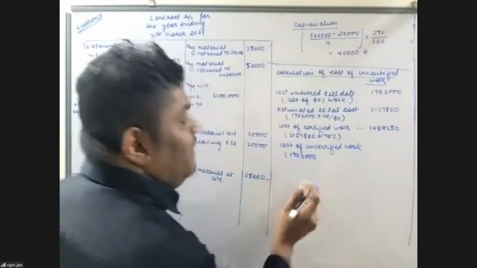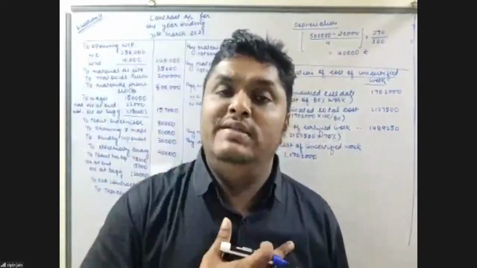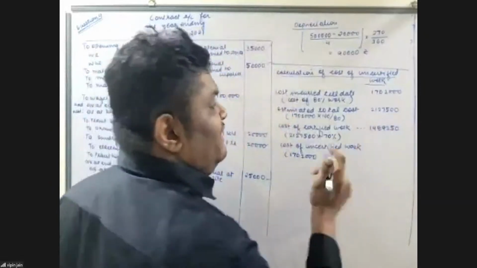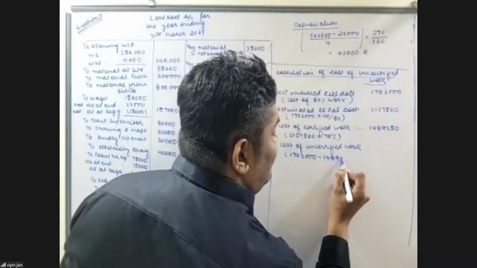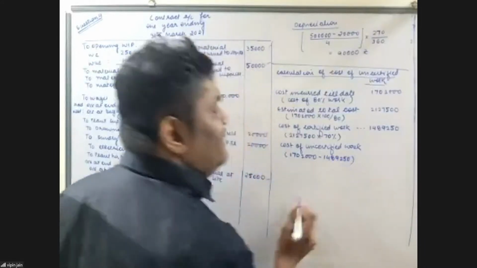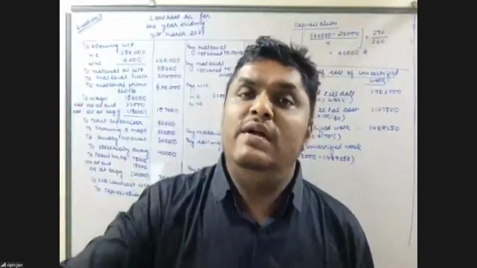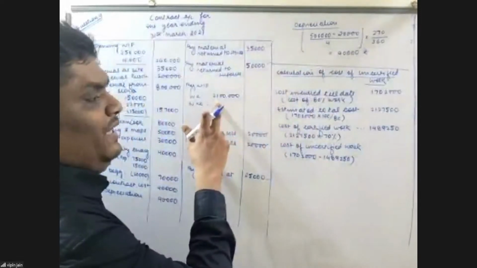17,02,000 is the cost incurred till date. It means 17,02,000 has been spent so far, and out of it this much cost has been certified for us, that is 14,89,250, the cost that is already certified. It is given in the question that 70% of the value of work is certified, whose selling price is 21 lakh.